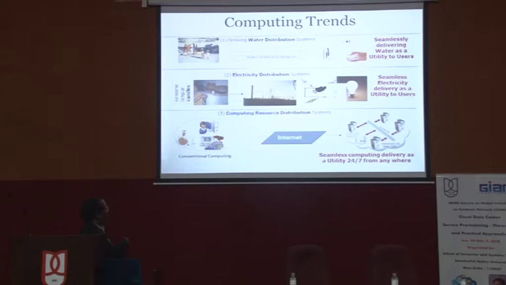That is also seamless computing delivery, but the issue is that in the next 2 to 3 years, about 50 plus billion devices are going to be added to this resource.